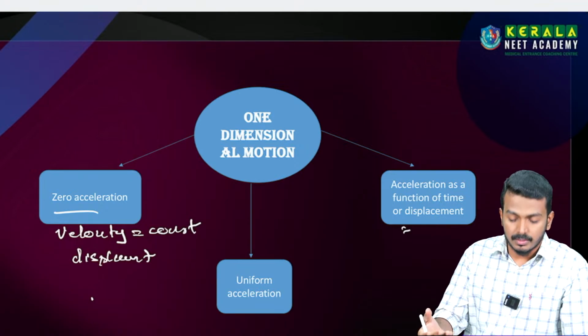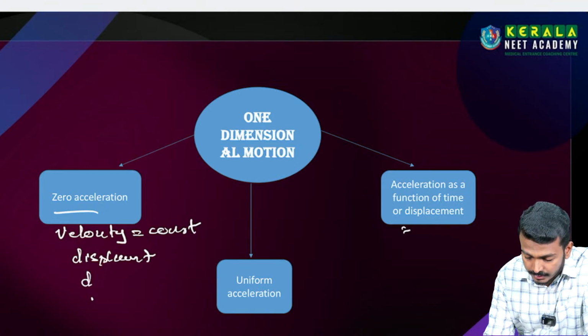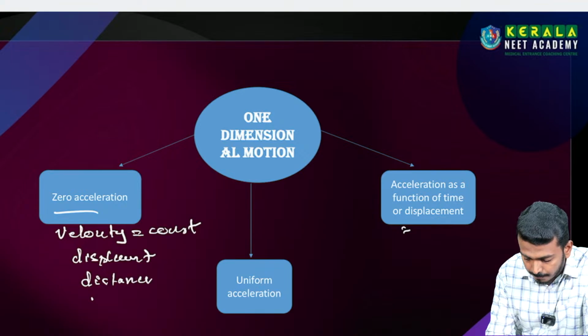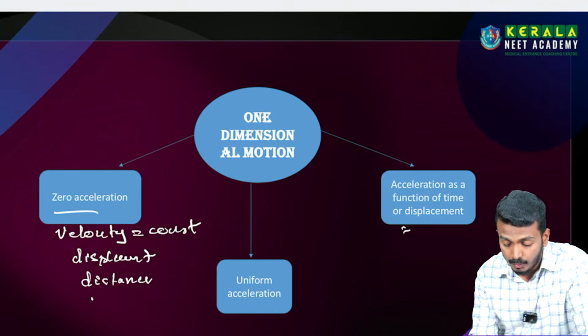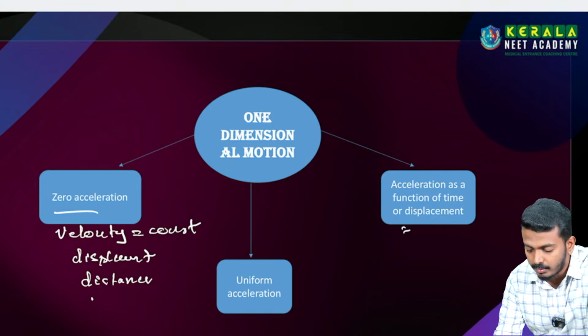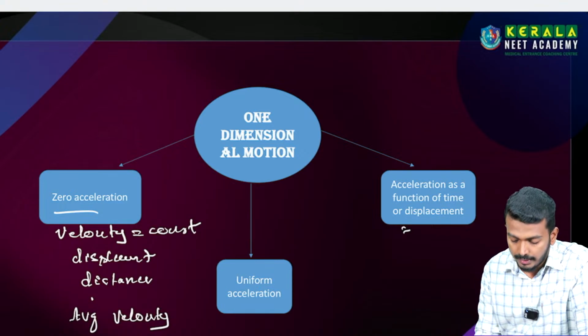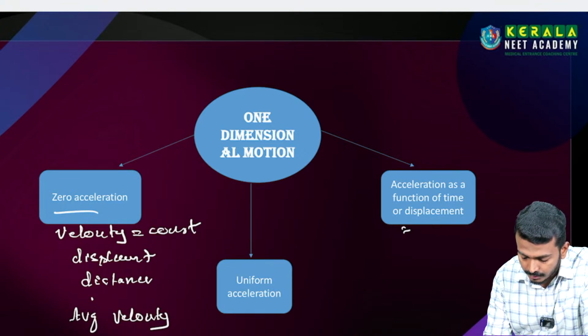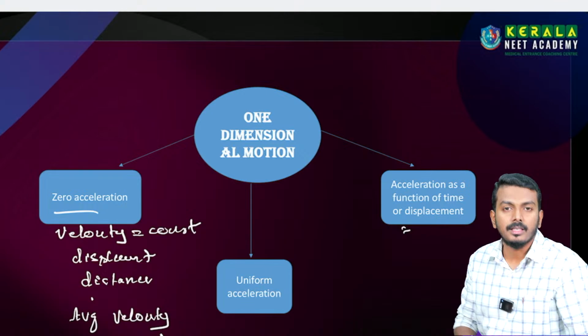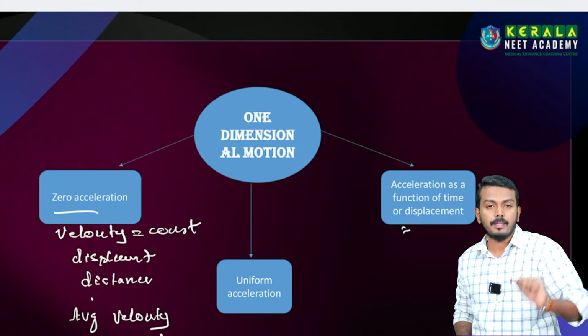Displacement based questions will come, same like distance based questions will come. The most important questions are based on average velocity or average speed. This is the first category of questions for the NEET examination.